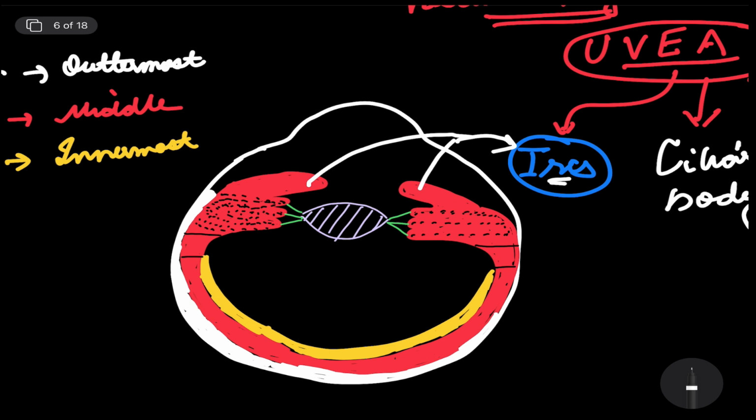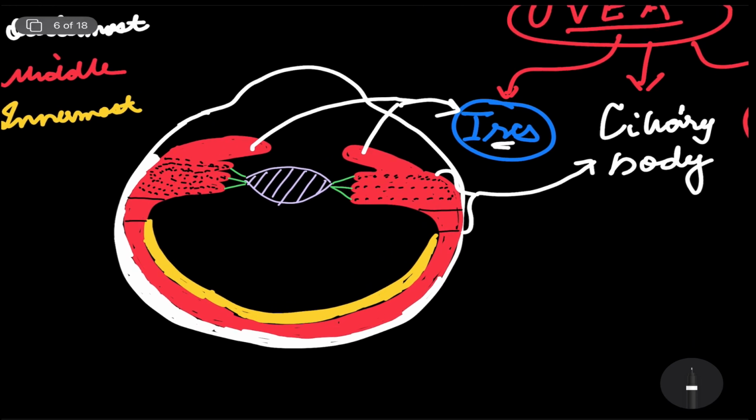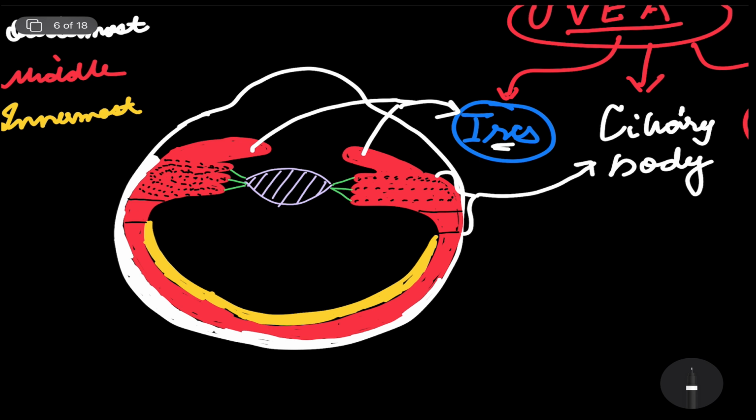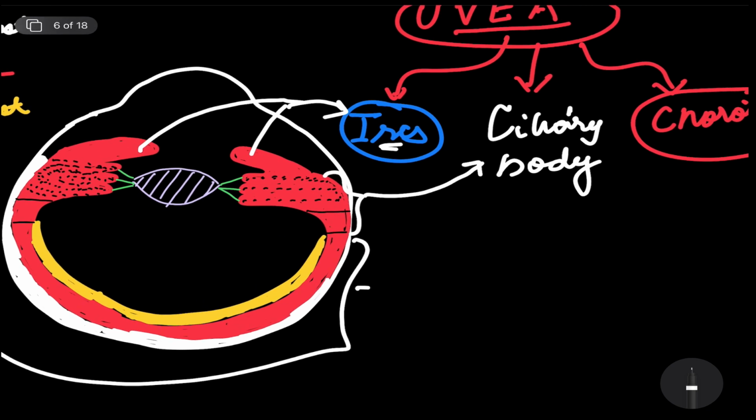Then we have ciliary body. Okay, ciliary body is nothing but this entire thing. This is the ciliary body. What exactly the function of it is, we'll see later. Then this entire red portion left, this is the choroid. Okay, done.